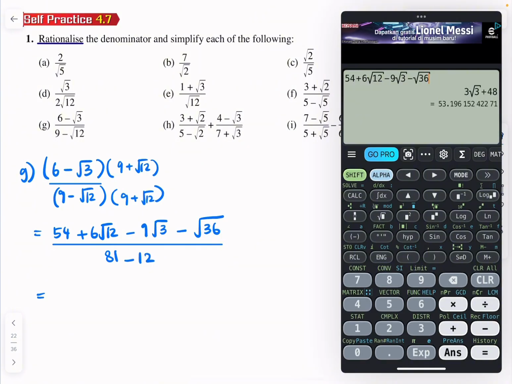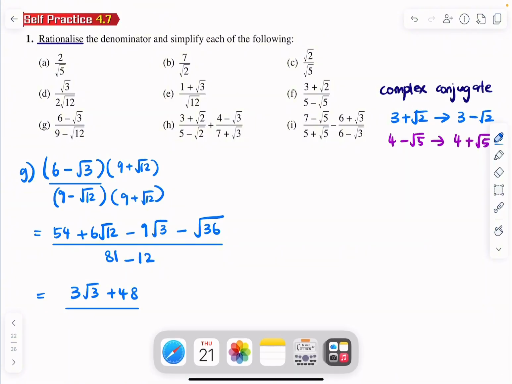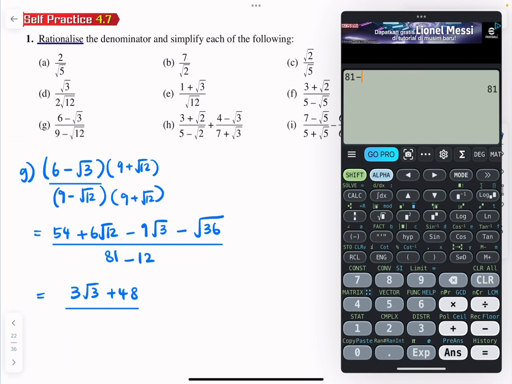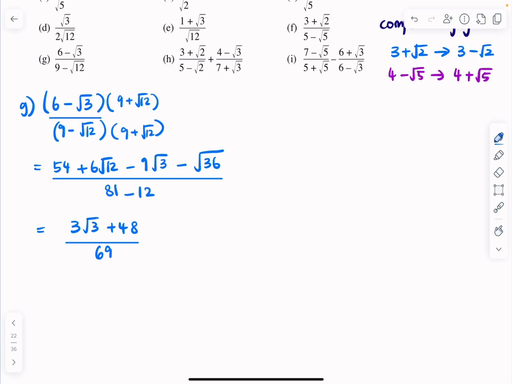Yep, see, the calculator does a better job. 3√3 plus 48 over 81 minus 12, 69. So all these can be divided by 3. What we can do is divide all the numbers by 3. We will be left with √3. 48 divided by 3 is 16. 69 divided by 3 is 23. This will be our final answer.